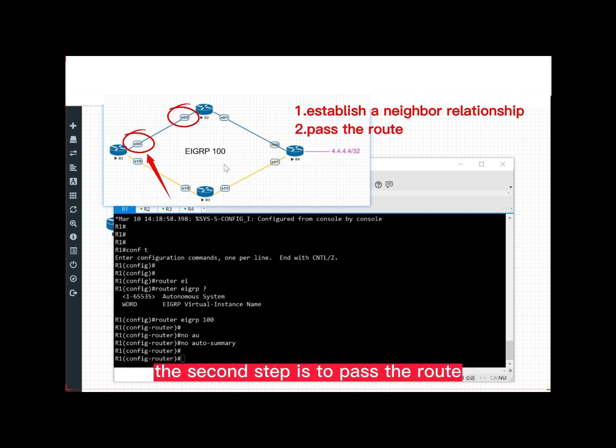The second step is to pass the route. The reason for establishing a neighbor relationship between devices is that there is a network segment to be passed to the other party. I will give you a simple explanation. If we don't use dynamic routing, we use static routing, and you need to enter it manually. Now, as long as the dynamic routing protocol is running, we only need to establish a neighbor relationship with each other.